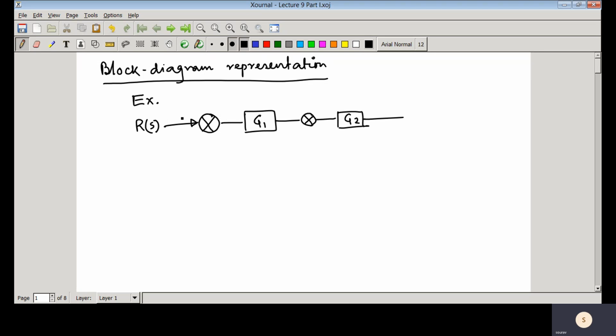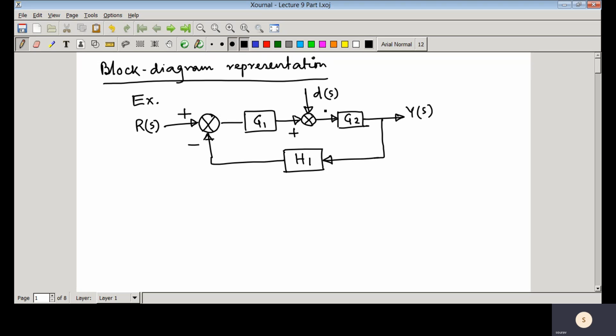One signal enters here, so this you have positive and that feedback is negative feedback. The feedback path transfer function is H1. In all cases those are G1(s), G2(s), H1(s). And here you have that output Y(s). This is one summer, plus, and here another signal is entering, that is D(s).